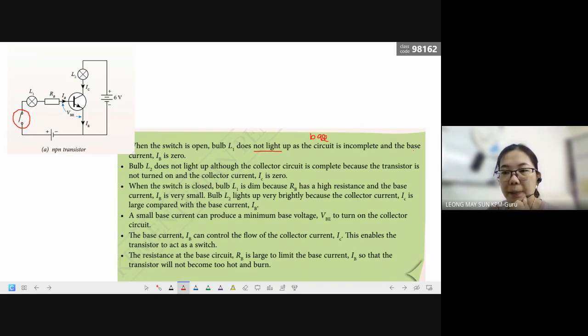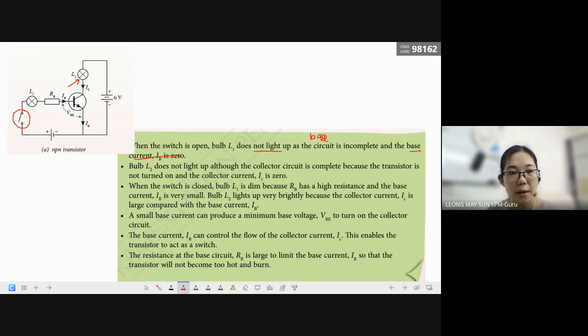When the base circuit is incomplete, the base current will be 0. There's no current flowing in the base. And light bulb L2 does not light up as well. L2 is located at the collector here. It does not light up even though the collector circuit is complete.